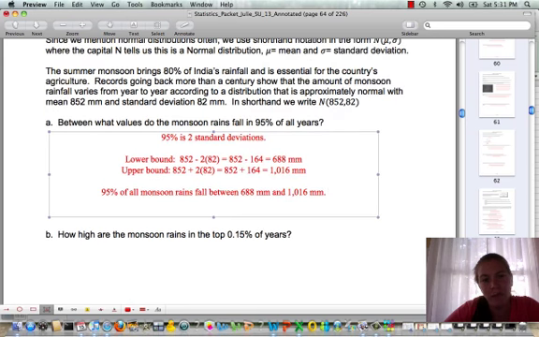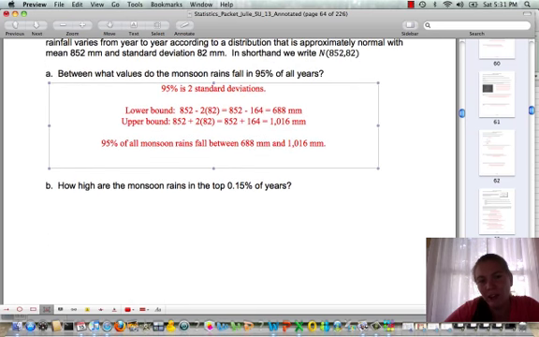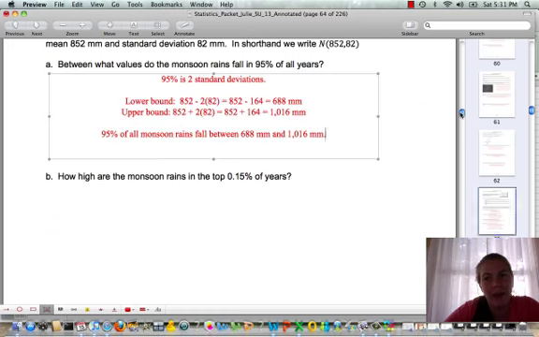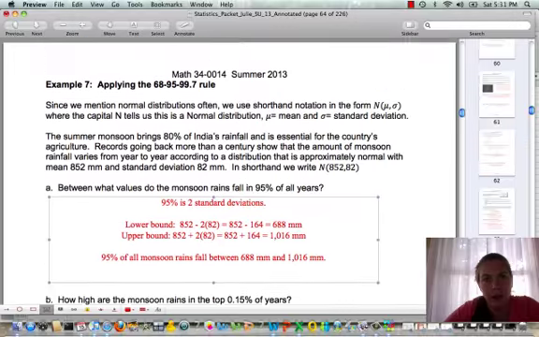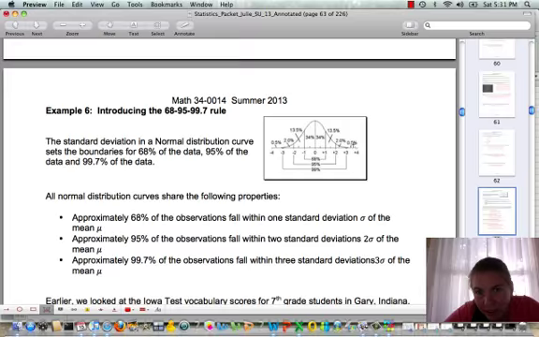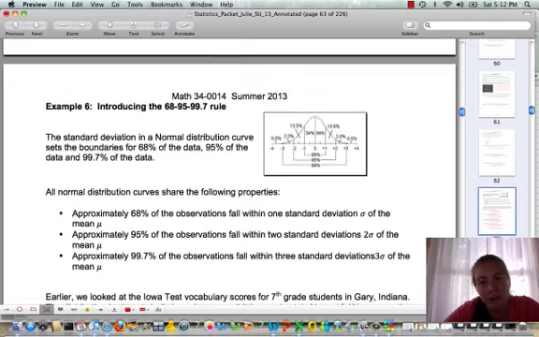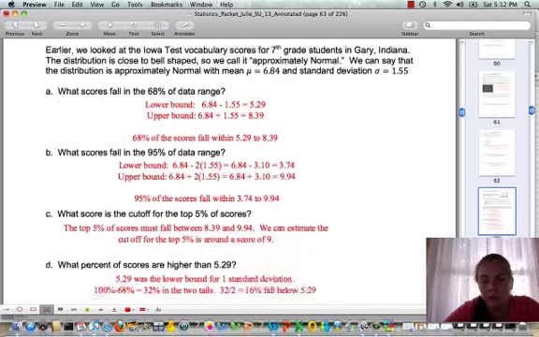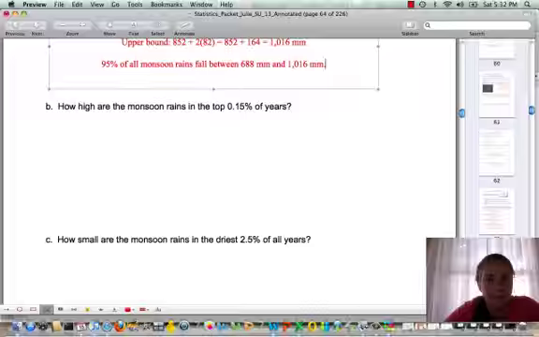So now, question B asks, how high are the monsoon rains in the top 0.15% of years? So if you look back at our chart on page 63, you can see the top 15%. Oh, well, they did 99%, but we would say using 99.7, the top 0.15% is 3 standard deviations.